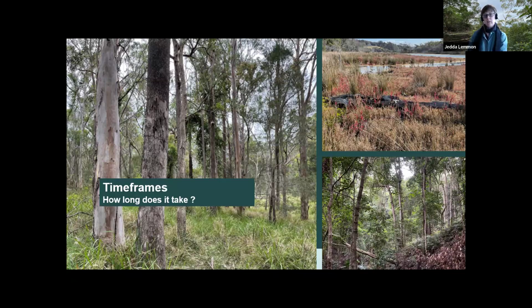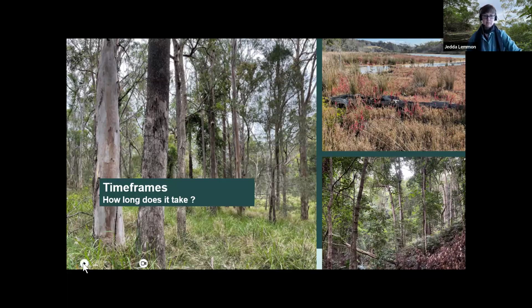So what really takes the longest time is reaching those mature canopy trees that develop hollows and mature rainforest canopies. That's really the longest time frame. But in the meantime, there will be lots of other benefits through introducing the understory species diversity. And yeah, so I'll run through a few examples to give you some ideas of different strategies.